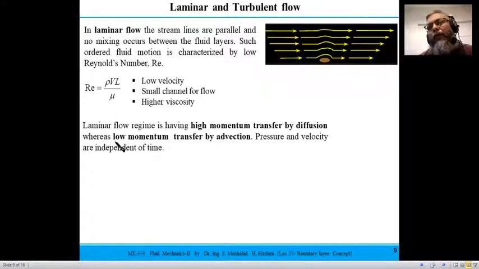So laminar flow has low momentum transfer at a macroscopic level, that is by advection, and high momentum transfer at a microscopic level, that is diffusion, because diffusion always takes place at a microscopic level when molecules diffuse from a higher concentration region to a lower concentration region.